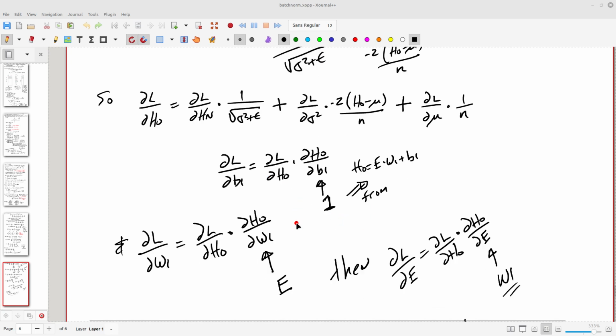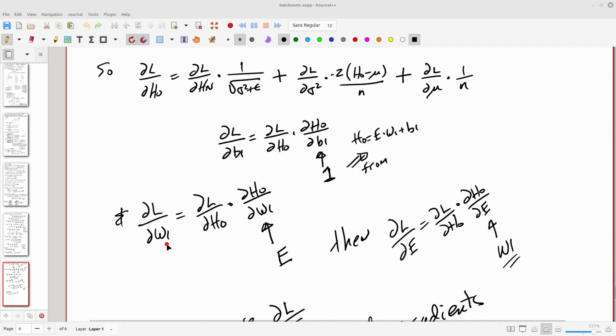And then finally, we can get the loss with respect to W1, which is going to be, again, DL DHO, which we've done up here, all the heavy lifting. And DHO DW1 from here is just going to be E, right here.